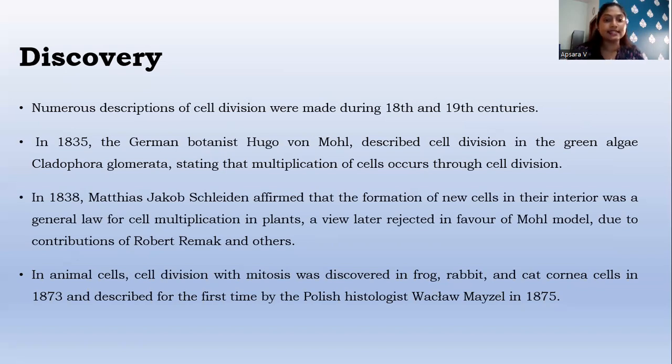In animal cells, cell division with mitosis was discovered in frog, rabbit, and cat cornea cells in 1873 and described for the first time by the Polish histologist Wacław Mazel in 1875.